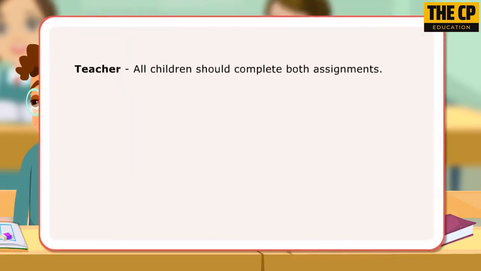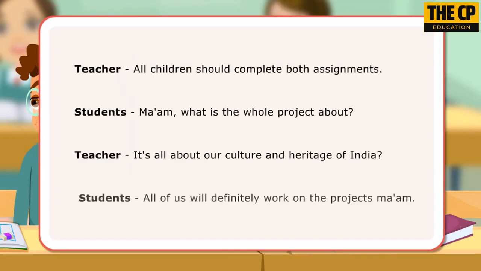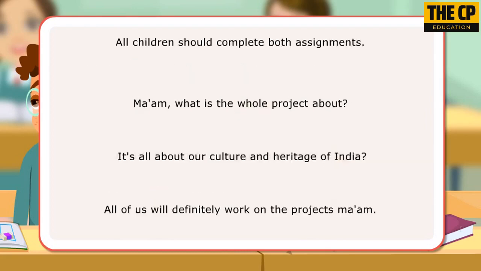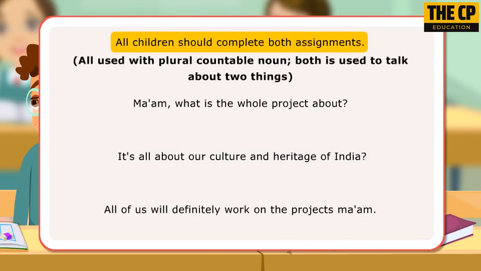In the conversation, we come across determiners like all of, both and whole. Here are some examples. All children should complete both assignments. All is used with a plural countable noun, both is used to talk about two things.